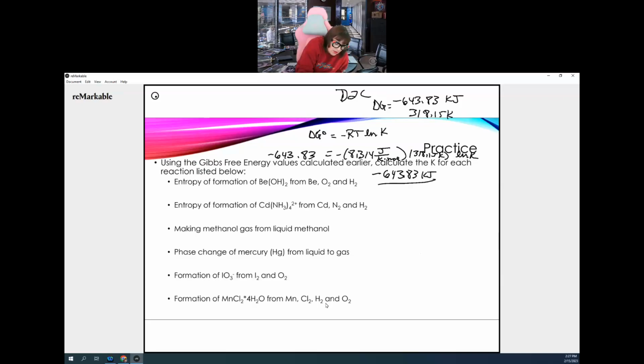I will divide that by the negative 8.314 joules per Kelvin times mole, and I will divide that by the 318.15 Kelvin. So the Kelvins will cancel. Then I'm going to have a problem because this is in joules and this is in kilojoules. So I'm going to convert this number to joules. I'm going to take that negative 643.83 and multiply that by 1,000.